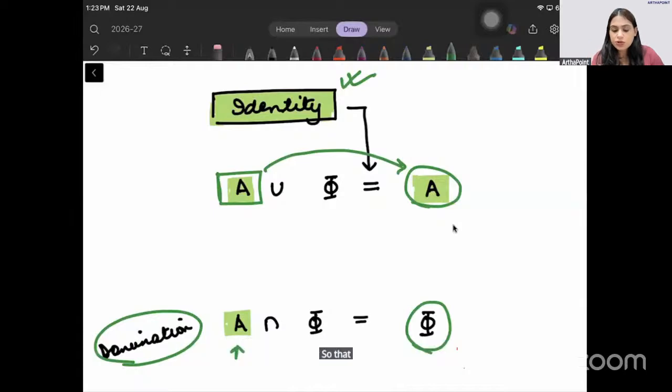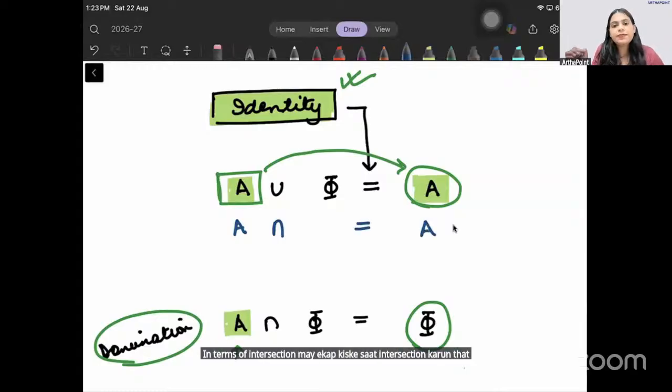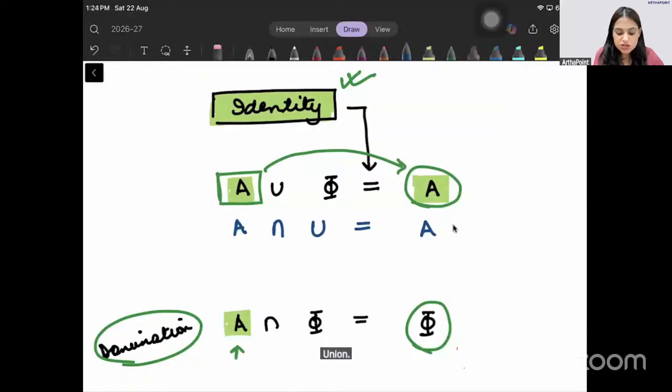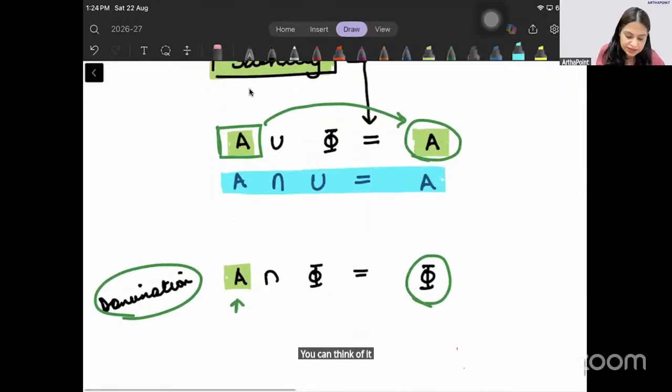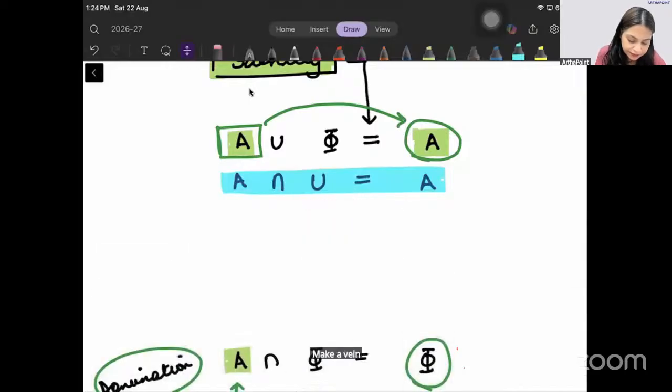So that is domination. So in terms of intersection, मैं A का किसके साथ intersection करूं that I get A? With what can I do the intersection of A to get A? Union. Because when you find the common between A and union, तो you will get A itself. आपको A ही मिलेगा. You can think of it like this. Make a Venn diagram.